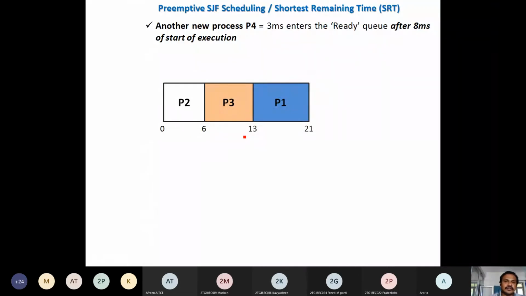You can observe here, P3 is executing at the 8th millisecond, and at that time P4 enters. Now, which one is more time to complete, P3 or P4?